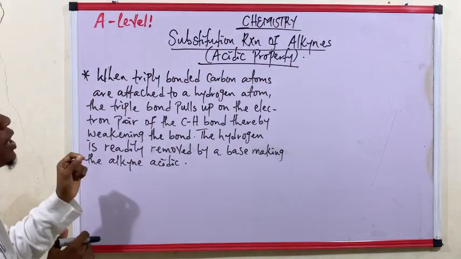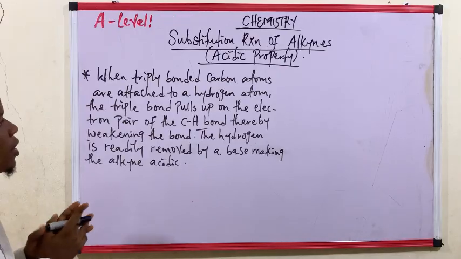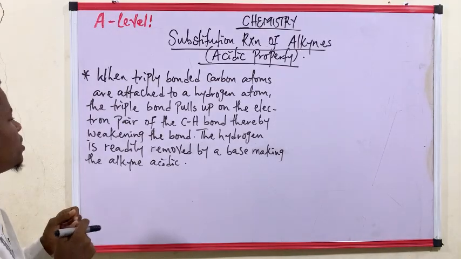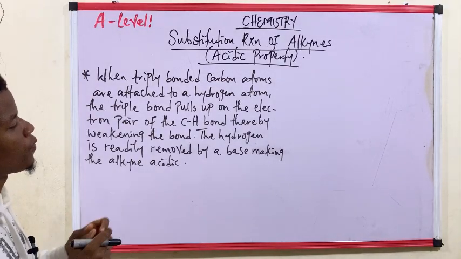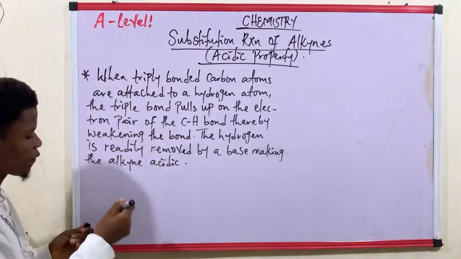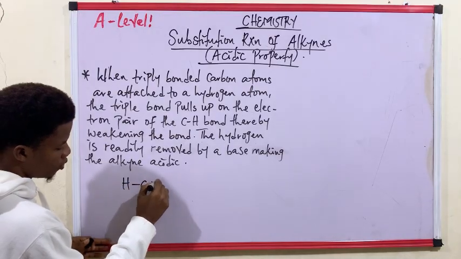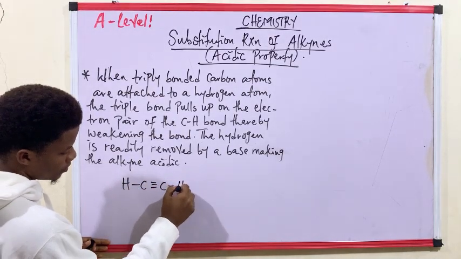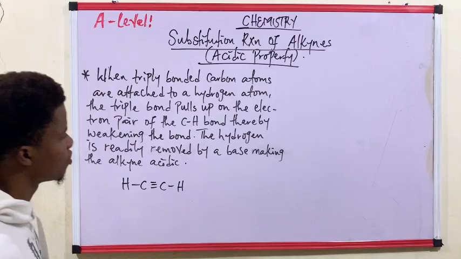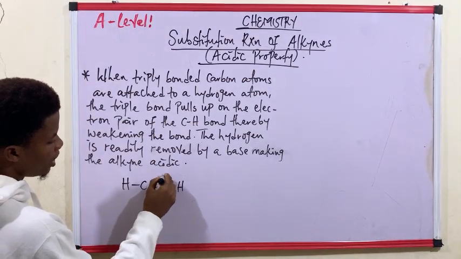It says, when triply bonded carbon atoms are attached to a hydrogen atom, the triple bond pulls off the electron pair of the carbon and hydrogen. So if you take, for example, ethyne, this triple bond tends to pull electrons.